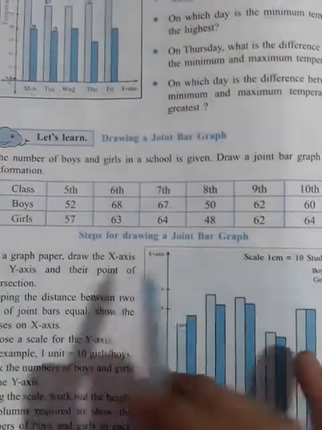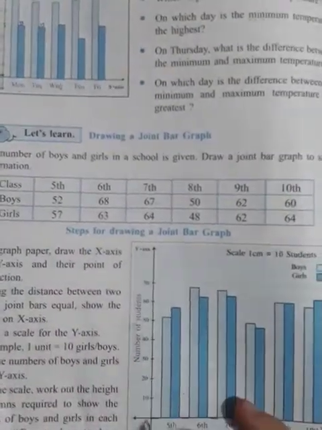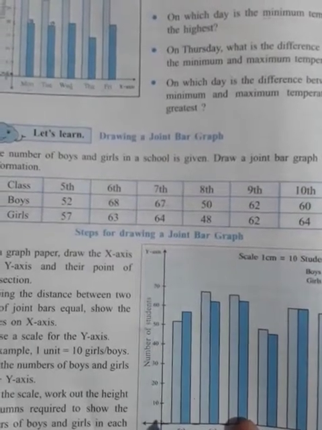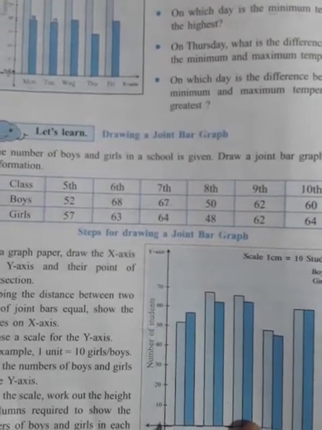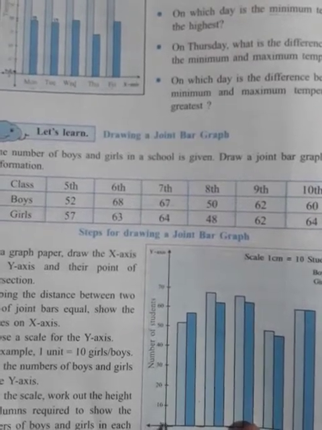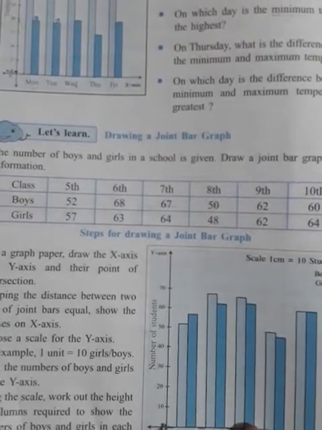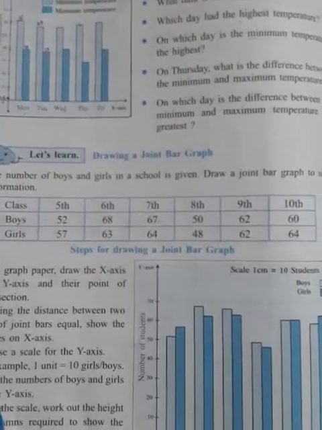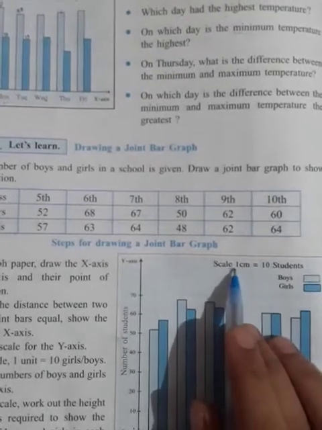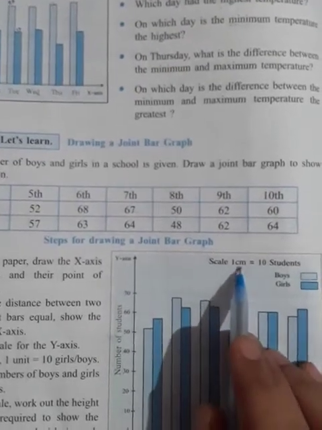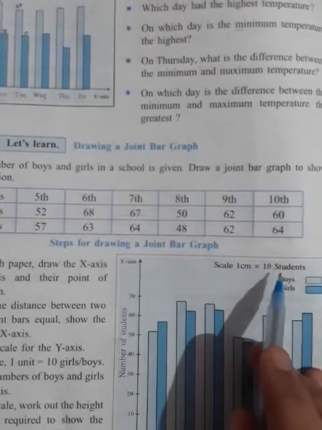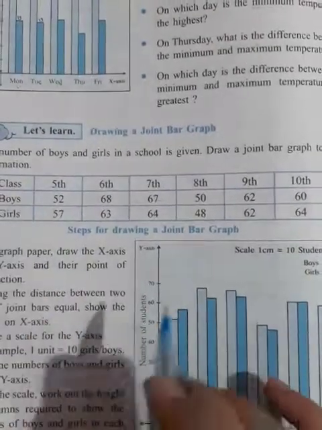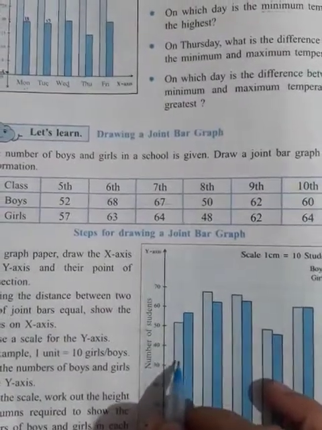See, 1 centimeter equal to 10 students means this one line is one student, counting 1 2 3 4 5 6 7 8 9 10. So you can write on the right side of the bar graph the scale on the y-axis: 1 centimeter is equal to 10 students. And I have told you that you have to represent both joint bars by different symbols.